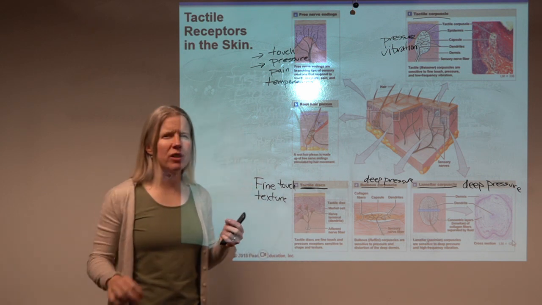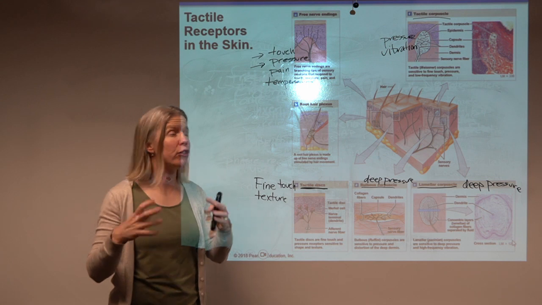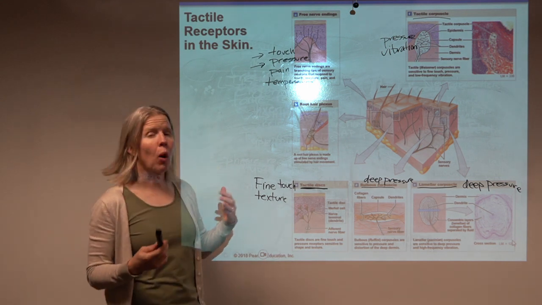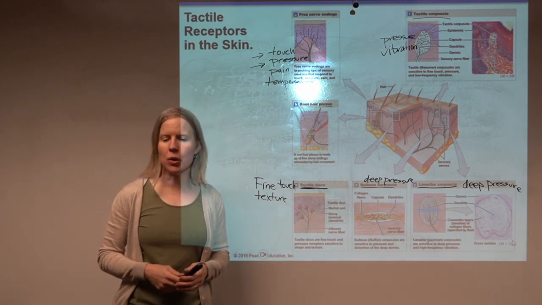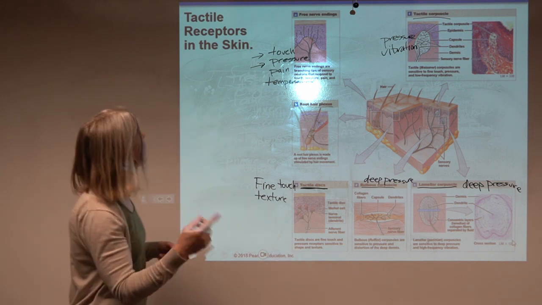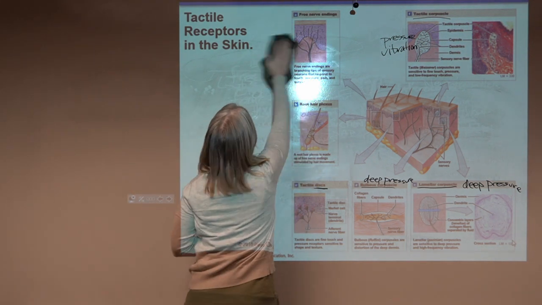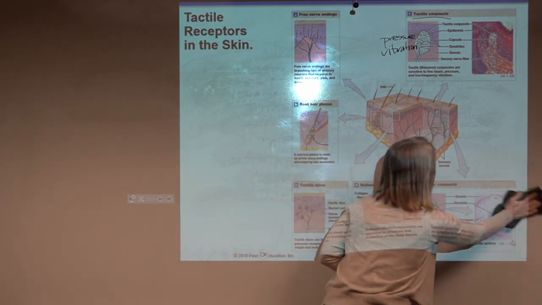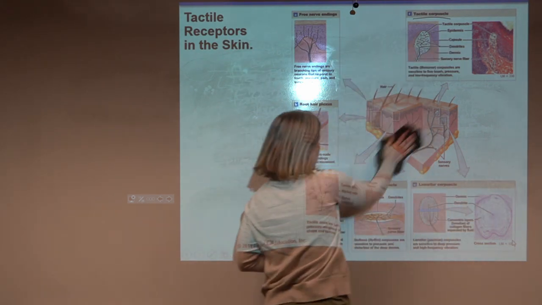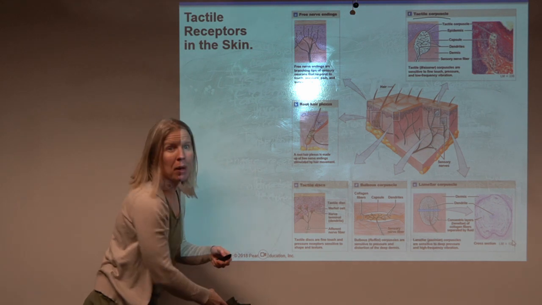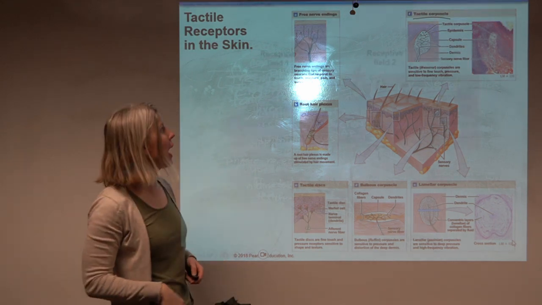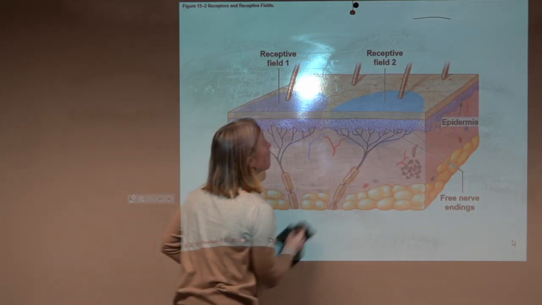Even though these aren't considered special senses, you have a wide variety of different sensations that you can pick up on in the skin. And again, these are all examples of mechanoreceptors, so it's that distortion of the cell membrane that's causing an action potential to be propagated.